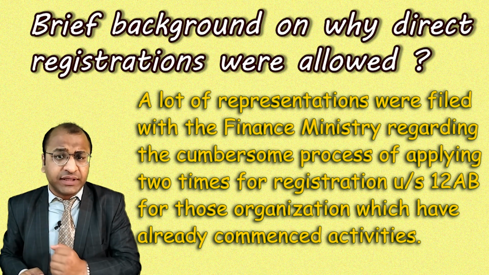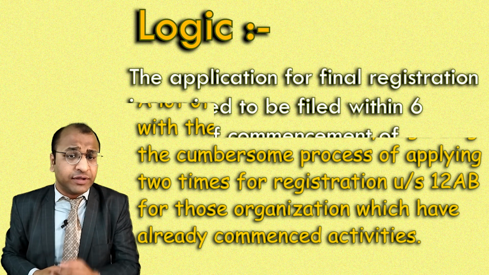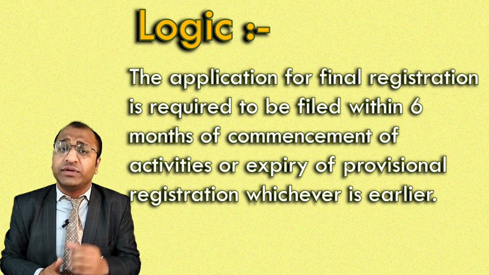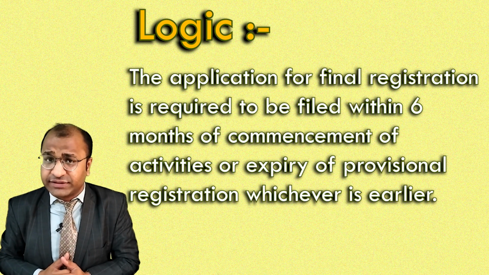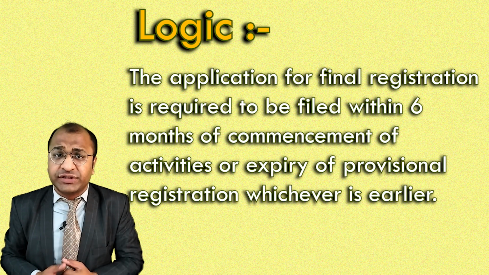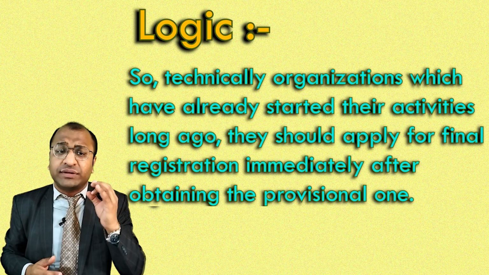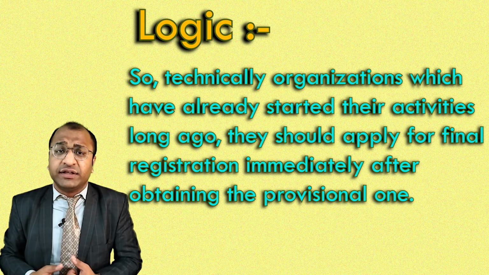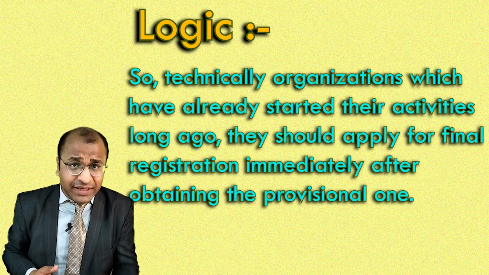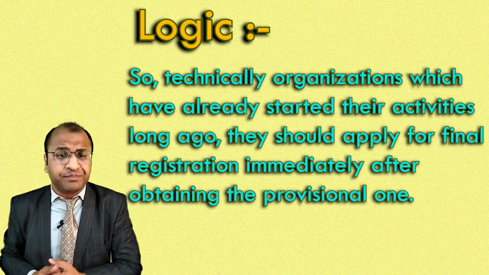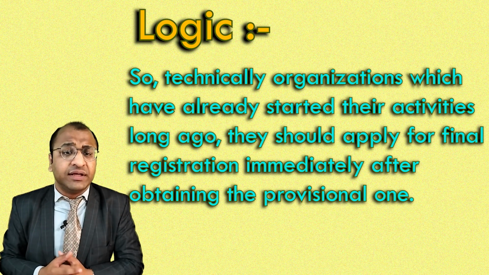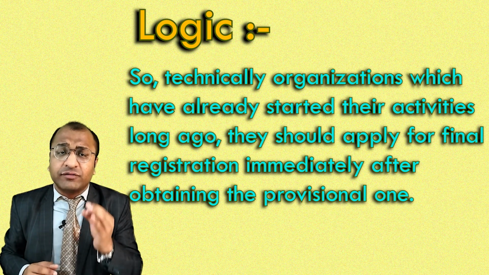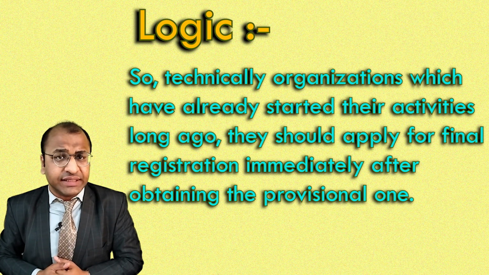In fact, if you ask me, logically it's correct what they said, because the application for final registration is required to be filed within 6 months of the commencement of the activities or expiry of the provisional registration, whichever is earlier. So technically, the organizations which have already started their activities long back should apply for final registration immediately after getting the provisional one. So the need for getting the provisional registration seemed unnecessary for them. This is why the amendment was brought in the Budget 2023.